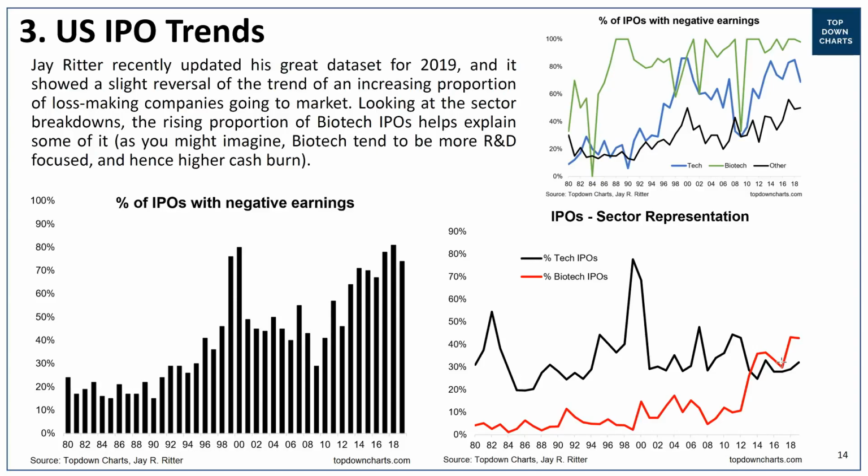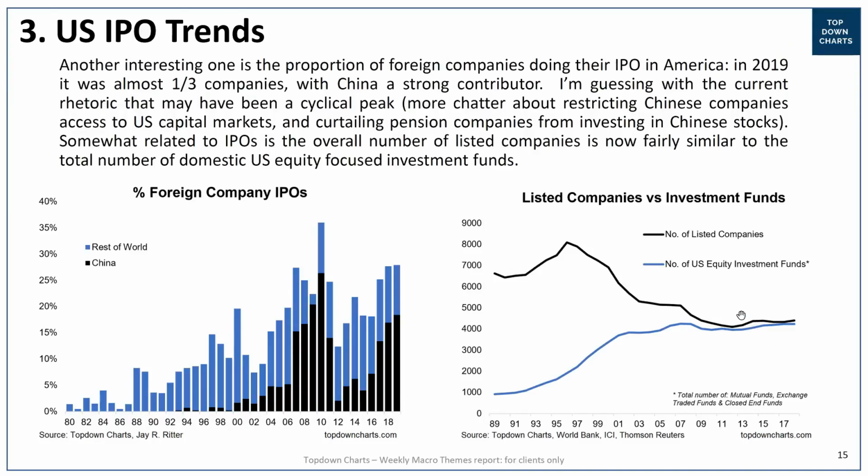But that's not all that's going on that's interesting. Probably the last chart to talk about is one of the most controversial ones, and that's the percentage of companies IPOing in America that were foreign. Foreign, ooh. And so you can see here it's running at about 30%, so almost one in three companies that listed were a foreign company.